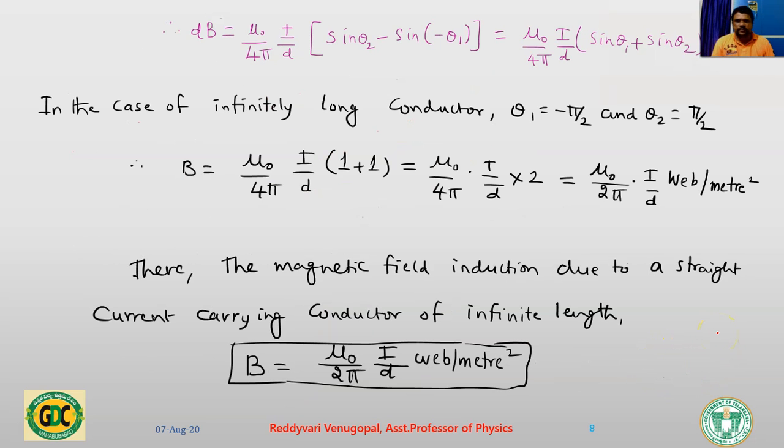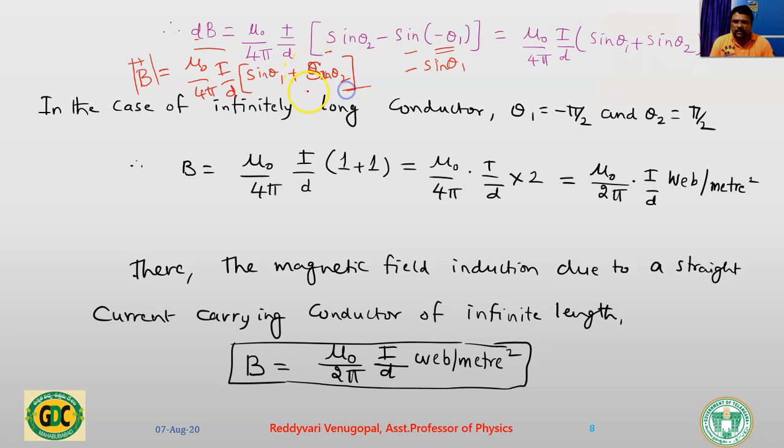Substituting these limits, B is equal to mu naught by 4 pi I by d times sin theta 2 minus sin of minus theta 1. Minus sin of minus theta 1 is nothing but plus sin theta 1. So this is the final formula: the modulus of B is equal to mu naught by 4 pi I by d times sin theta 1 plus sin theta 2.